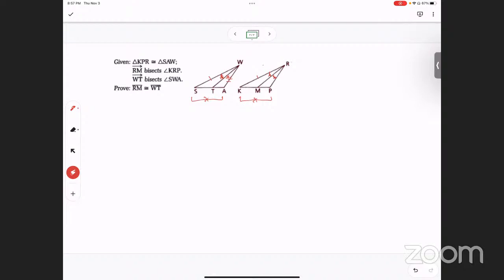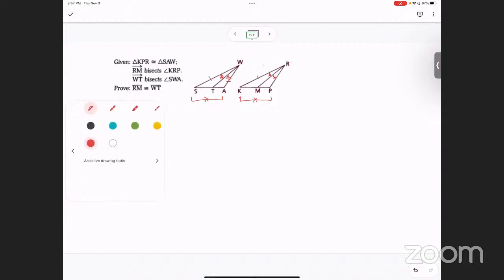It says if angles are congruent, then their divisions are congruent. So these big angles were congruent, and if we bisect each of them, then those angles are going to be congruent. That's what that says. Okay. So we use that.